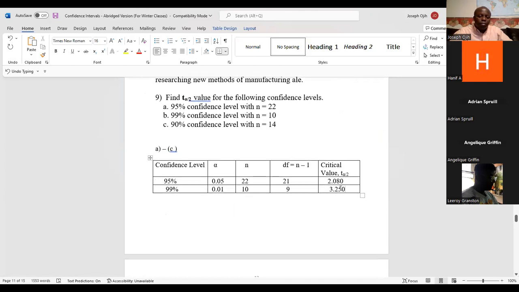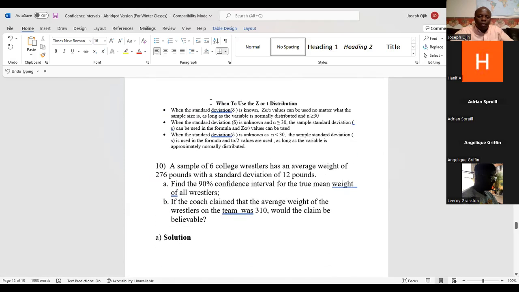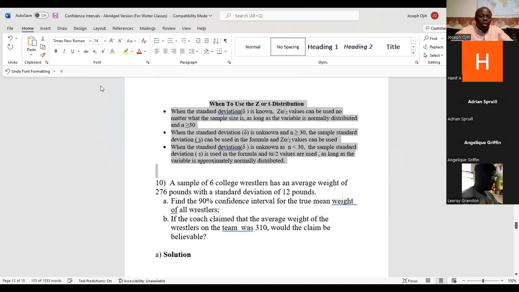Okay. Now, having seen that, we can get to some examples. Remember, let me summarize when to use the T distribution table and when to use the other one, which is the normal distribution table.